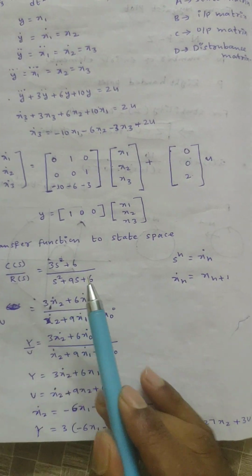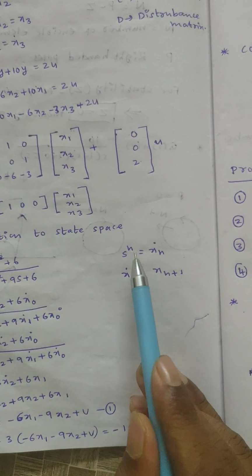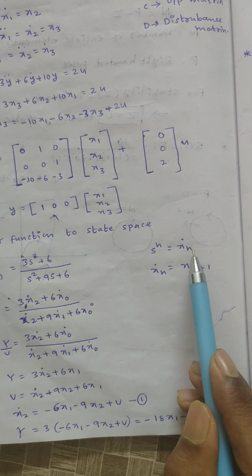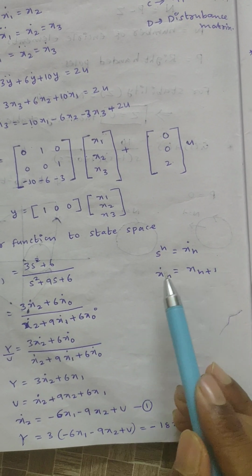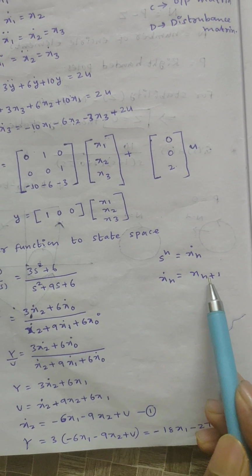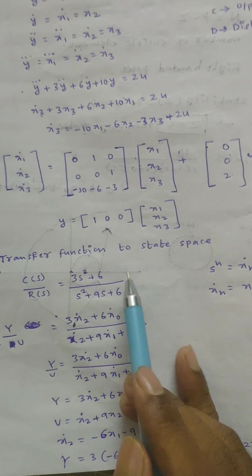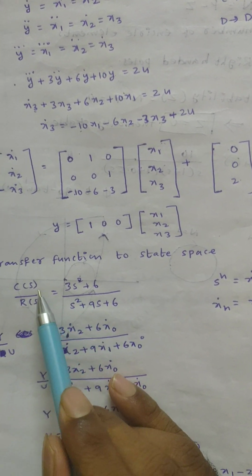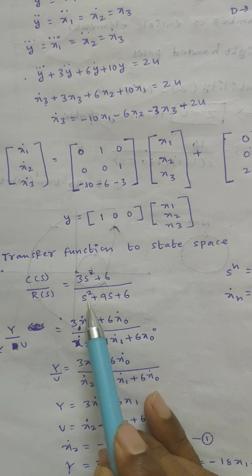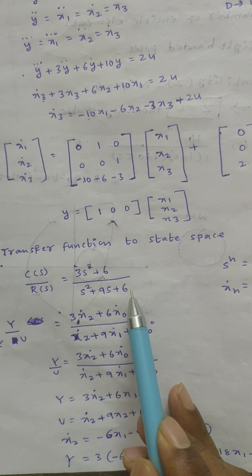Now to solve this problem, just remember these two formulas. s power n is represented by x suffix n dot, and x suffix n dot is equal to x suffix n plus 1. Now see here, what is given? C of s by R of s is equal to 3s square plus 6 by s square plus 9s plus 6.